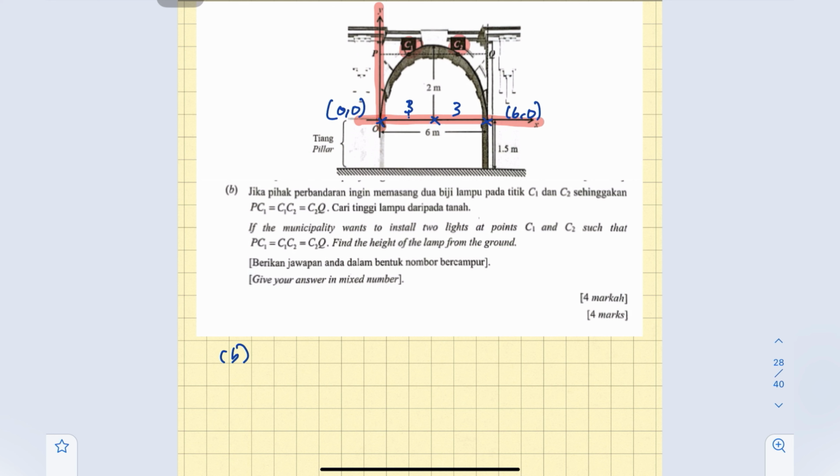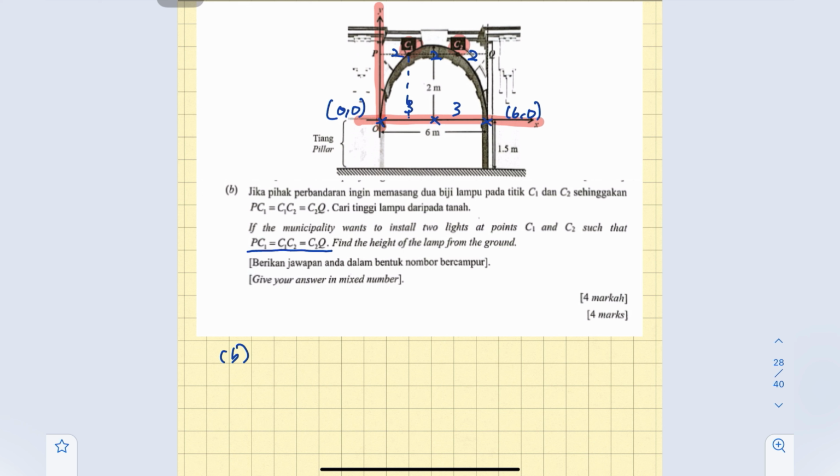So given from the question just now, the width of the function is 6, meaning that PQ is 6 as well. So if PC1 equals C1C2 equals C2Q, they are all the same, 2, 2, 2. So the coordinate of x at C1 is 2, and at C2, x is 4.